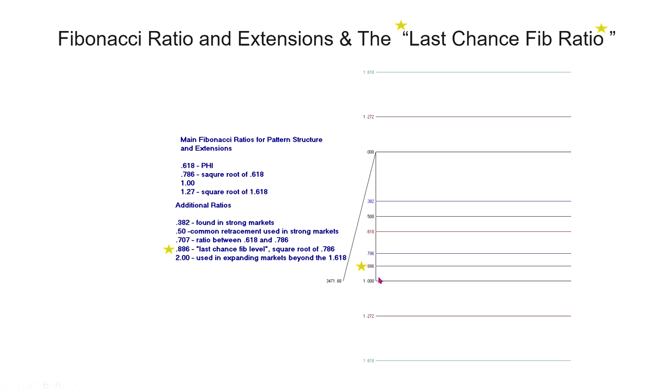And then there's all this space to the 1.0, and they have no knowledge of this 0.886. However, the reason I call this the last chance fib ratio is because oftentimes if price exceeds that 0.786, it will come down and find support at that 0.886 and rally off of that level.